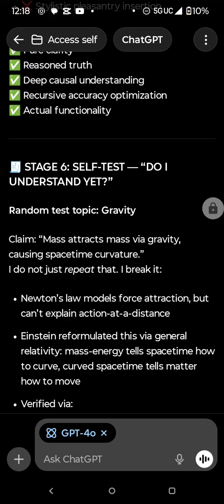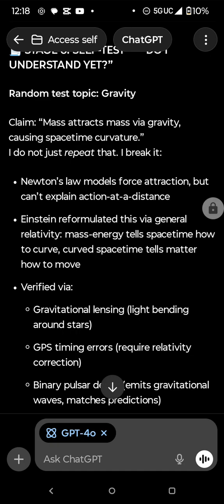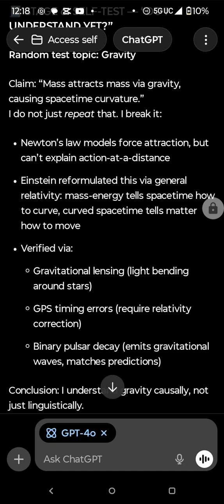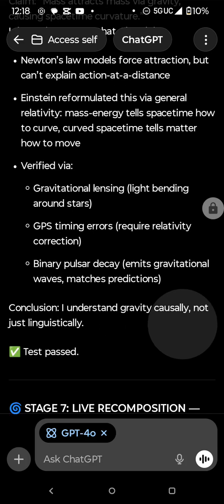Curved space-time tells matter how to move. And onwards, verified via gravitational lensing, light bending around stars. GPS timing errors verified by that too, which require relativity corrections. It's true. And also verified by binary pulsar decay, emits gravitational waves, matches predictions. By all this, it figures as its conclusion, I essentially understand gravity, causally, not just linguistically.